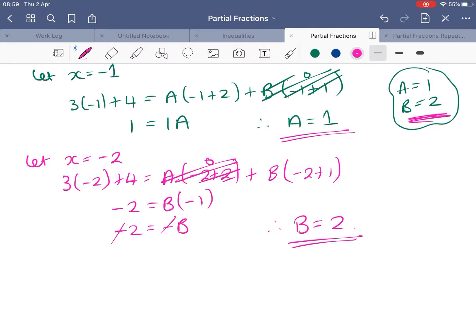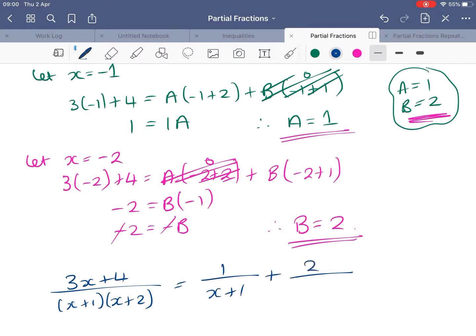But in a way, I didn't have to solve simultaneous equations. I just had to substitute 2 different numbers for x. So we ended up with our final answer, which was 3x plus 4 all over x plus 1 multiplied by x plus 2 is equal to 1 over x plus 1 plus 2 over x plus 2. Okay.